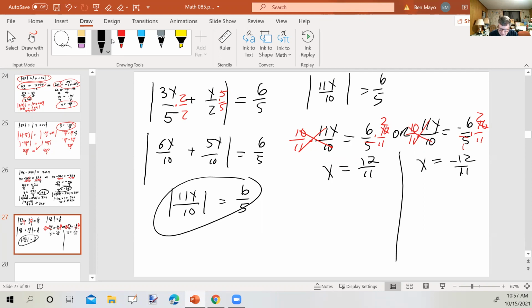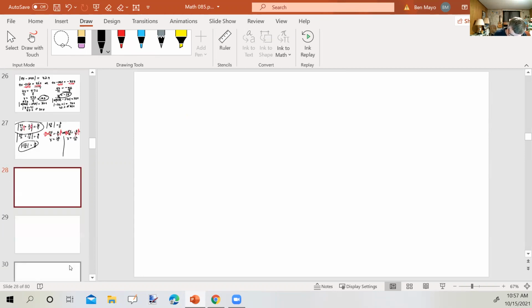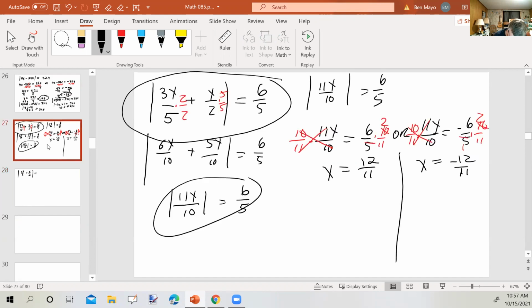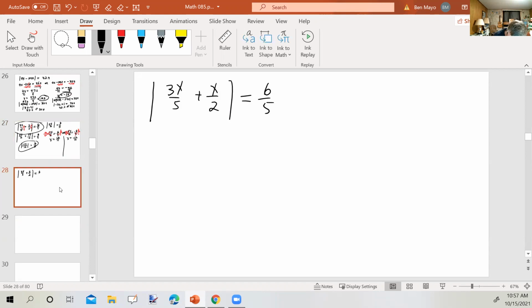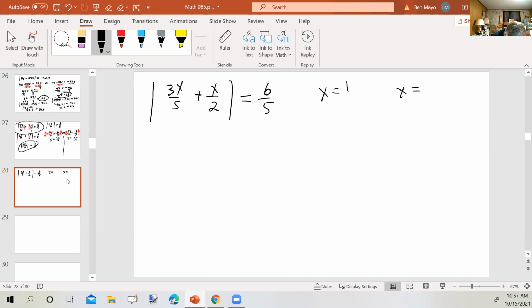Okay, so now I've got to go back and plug it into the original equation. I'm going to go to the next page and recopy that. So I've got the absolute value of 3x over 5 plus x over 2 equals 6/5. And my two solutions are 12/11, negative 12/11.